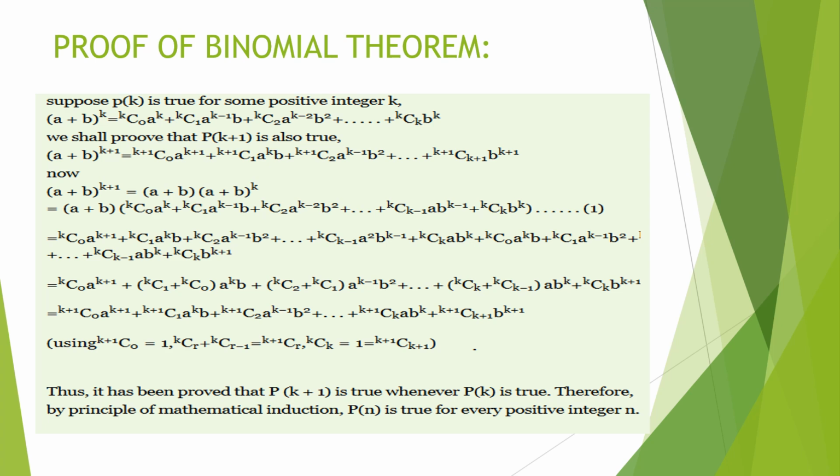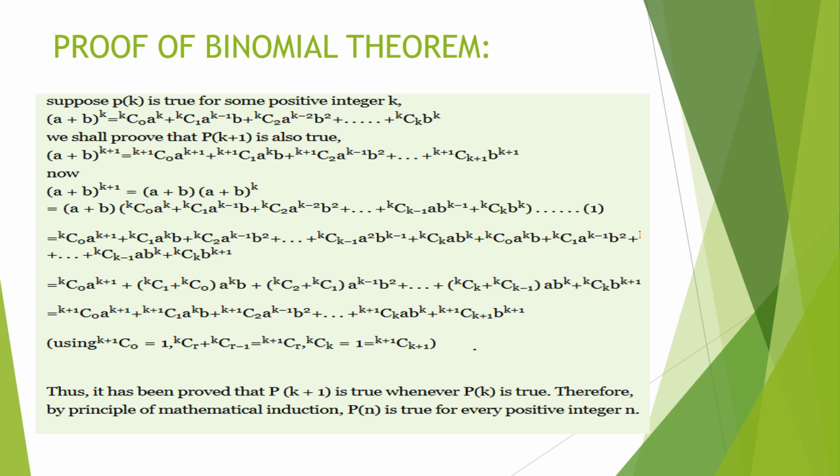Now assume that the statement is true for some positive integer k. What does that mean? (a + b)^k is equal to kC0 a^k plus kC1 a^(k-1) b up till kCk b^k. So we are assuming that the statement is true for some k, and we will prove that it is also true for k + 1.